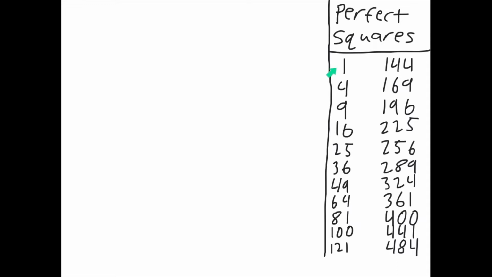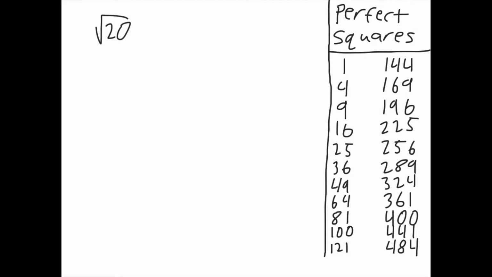So, 1 times 1 is 1, 2 times 2 is 4, 3 times 3 is 9, 4 times 4, 5 times 5, 6 times 6, all the way up to 22 times 22. Obviously there are infinitely many squares because you can go up to any number and then square it. I put the first 22.